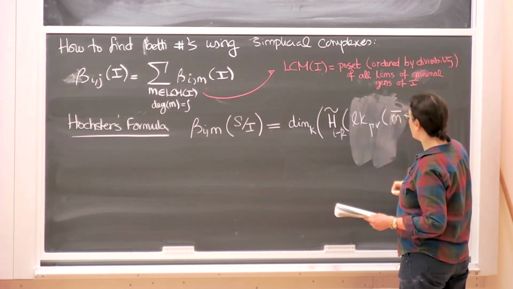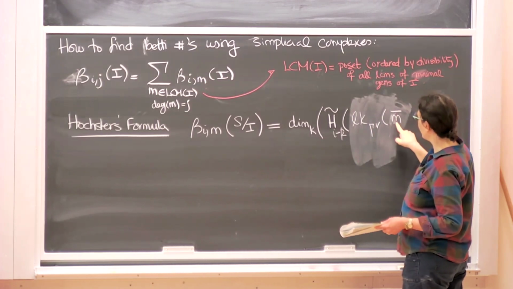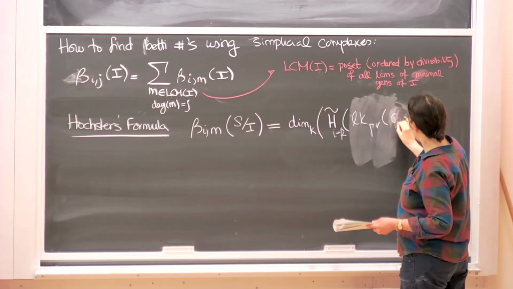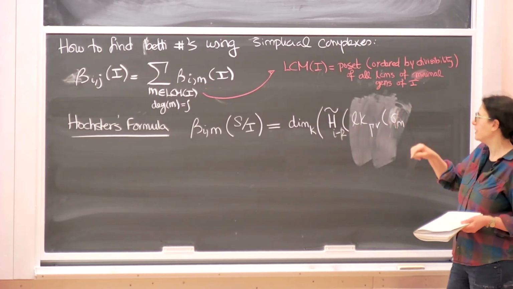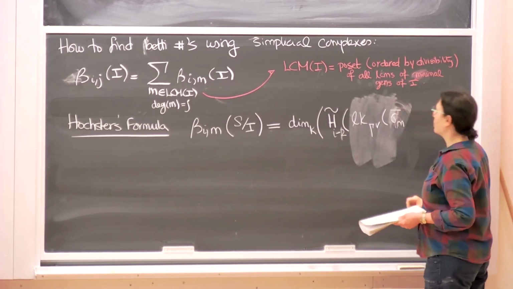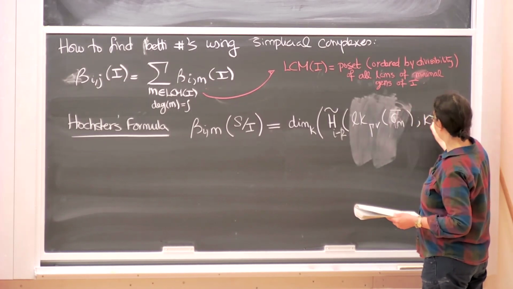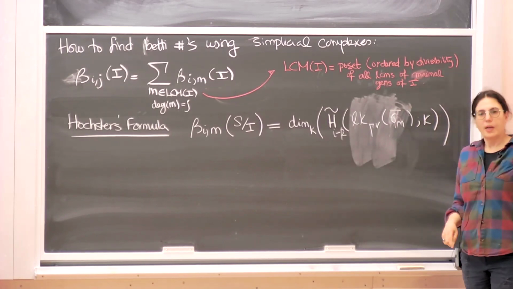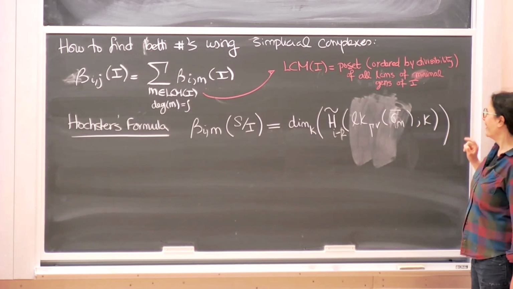M complement. Where here, when you're looking at M complement, you mean the face of M. That means the set of variables that appear in M complement over K. I hope from this you get that there exists a formula.